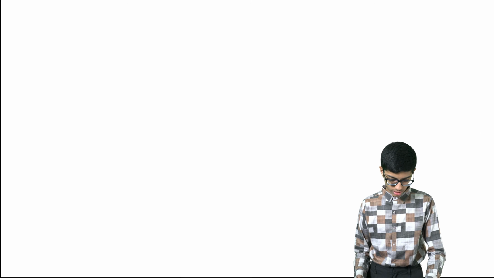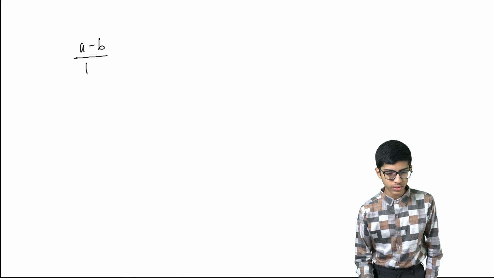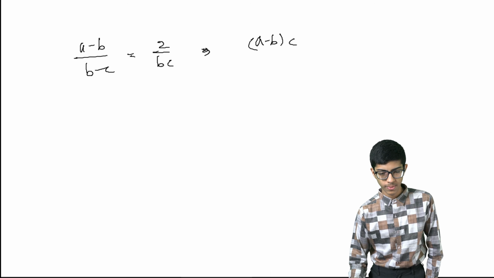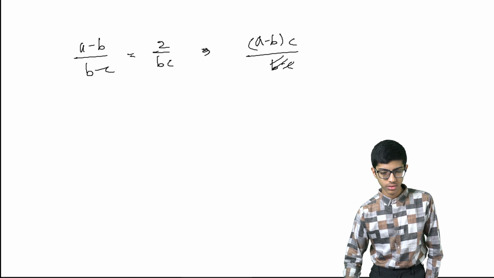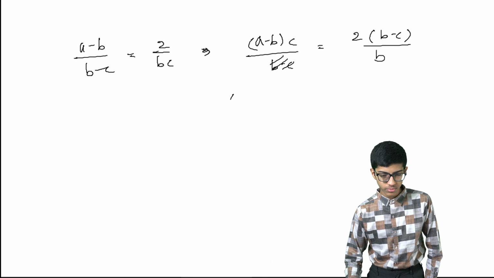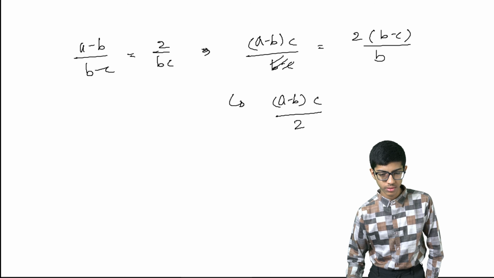By this equation, we rearrange to get a minus b by b minus c equals 2 by bc, which implies a minus b times c by b minus c equals 2 into b minus c by b, which implies a minus b times c by 2 equals 1 minus c by b.